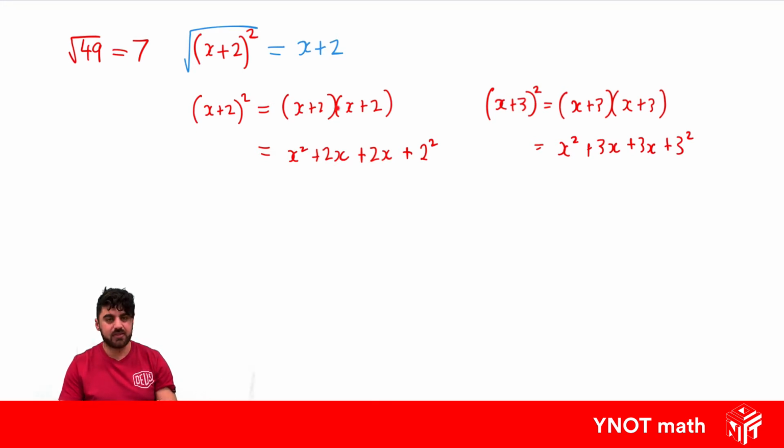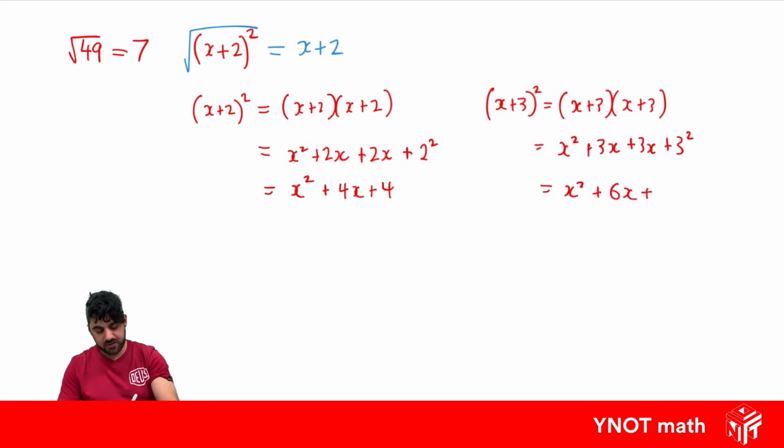Because we're multiplying the same thing with each other, we end up doubling up our terms in the middle, 2x and 2x, and 3x and 3x. And because these numbers are the same at the end, because it's squared, we just end up getting that number squared. So when we simplify, we get x squared plus 4x plus 4. And for this one we get x squared plus 6x plus 9.